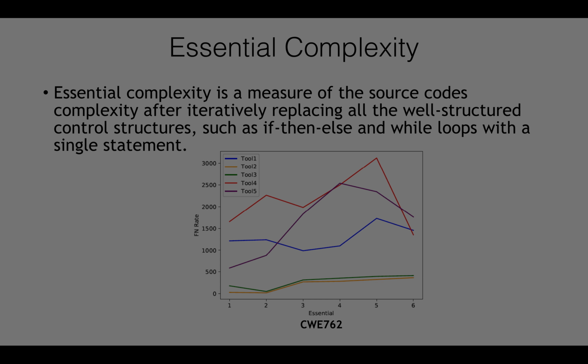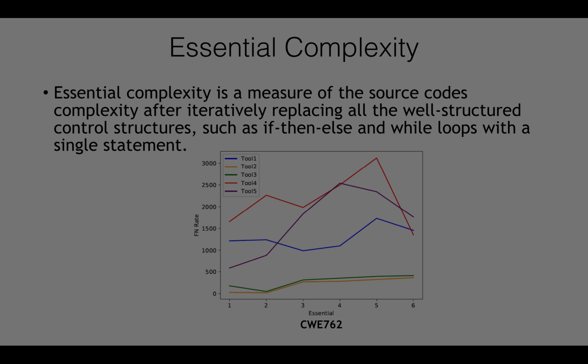As shown in this figure, tool 2 and tool 3 find more defects than the other tools. We can infer this finding from the low value of the false negative rate for tool 2 and tool 3 when the value of the essential complexity metric increases.